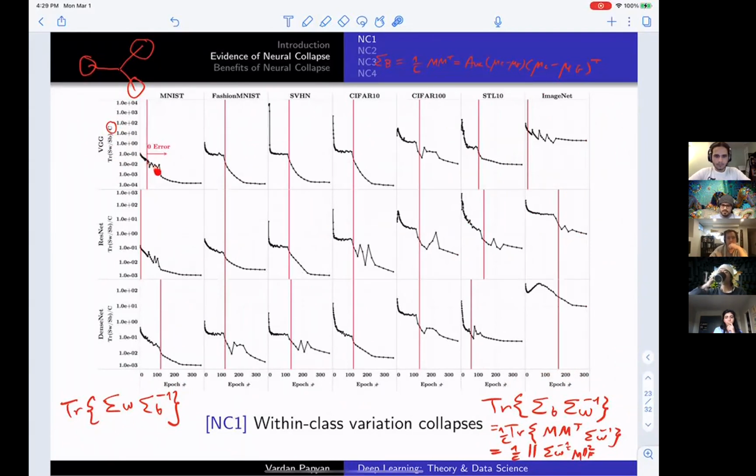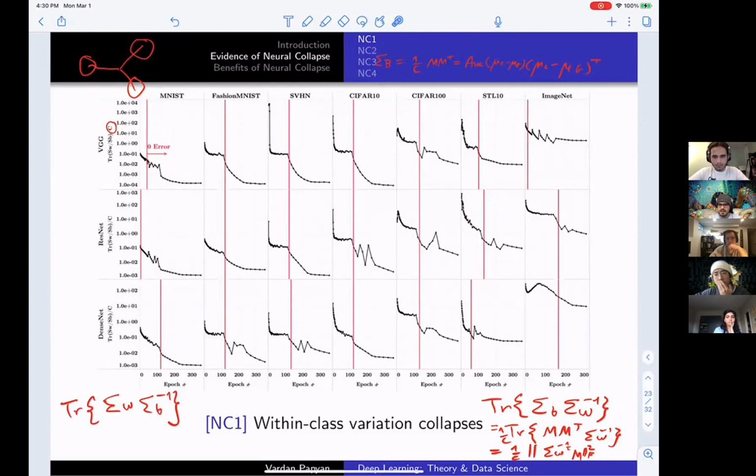And indeed, in this plot, you can see how the within class covariance is vanishing after the normalization towards a very small value. And this happens across all the data sets and networks, with the exception of ImageNet, where it's harder to achieve small within class variability.